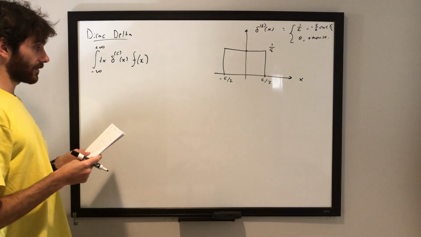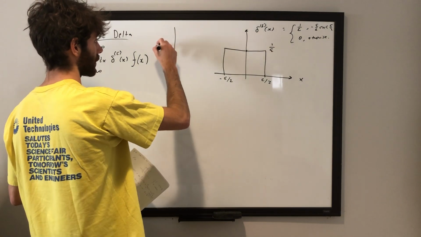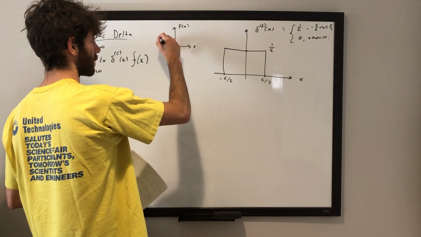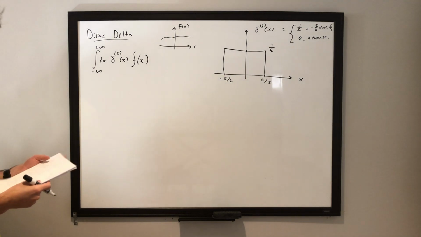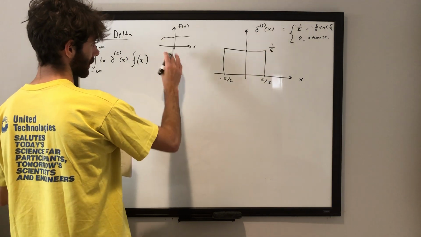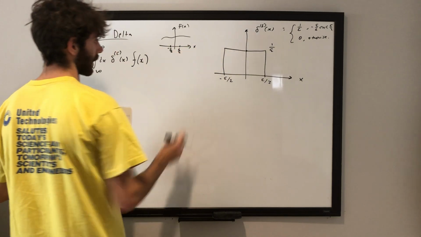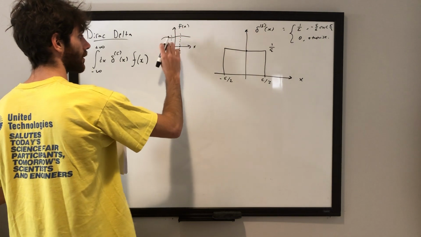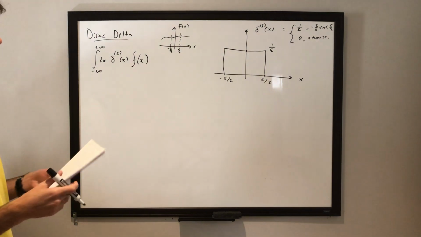The basic idea is if I have some function f of x that is pretty much smooth and continuous, then as long as I consider a very small region, for example, some very small window like that, the function doesn't change very much within this window in the limit that epsilon becomes very small.